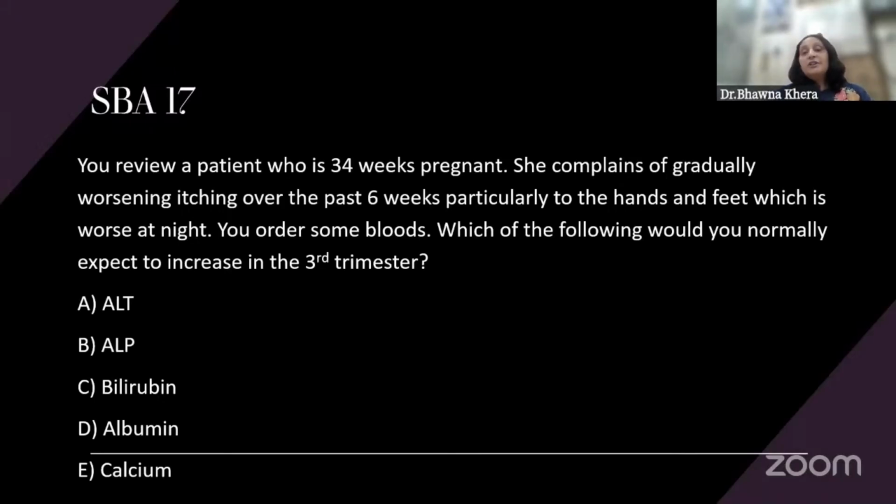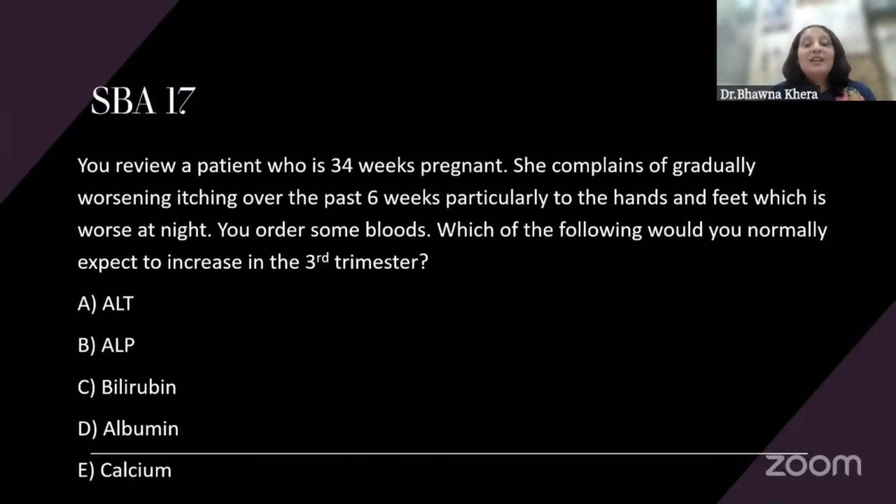Now, they have given you the scenario of obstetric cholestasis: a 34 weeks pregnant patient with itching over the hands and feet, worse at night, a typical scenario of obstetric cholestasis. So you may immediately think about bile acids, because bile acids are increased in obstetric cholestasis.